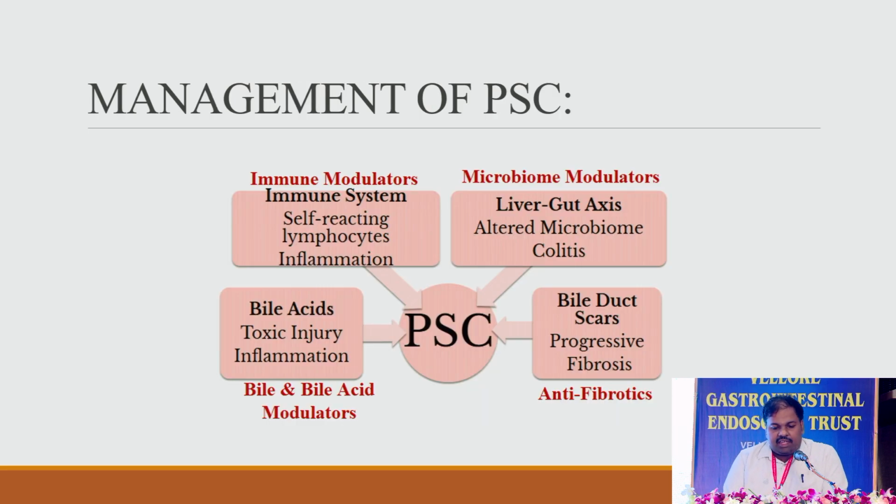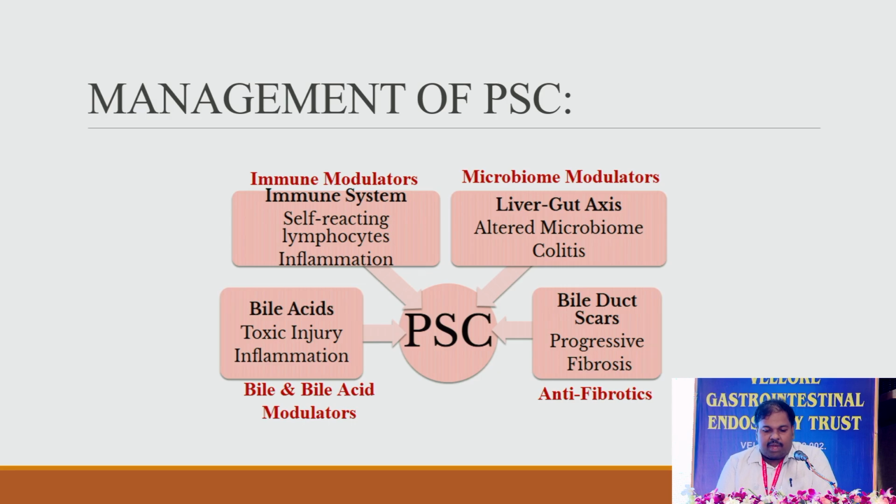And the treatment management is based on the suspected cause. If you suspect an immune-mediated cause, then we should give immunomodulators. If you suspect gut microbiota dysbiosis, then the microbiome can be modulated, like with prebiotics and probiotics. If you suspect a bile acid injury, bile acid modulators should be given.